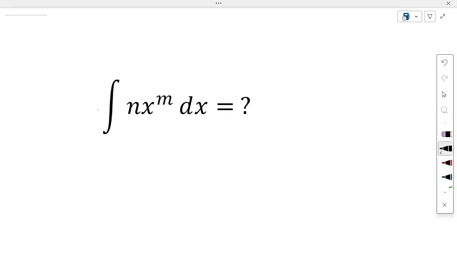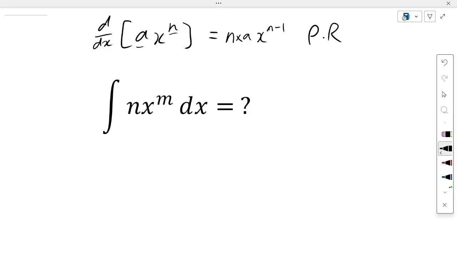If you know derivatives, let's say for example you have a multiplied by x raised to the power of n, and you want to find the derivative of that, it's d by dx. This will give you the exponent multiplied by the coefficient, and then multiplied by x to the power of n minus 1. And that is our power rule.